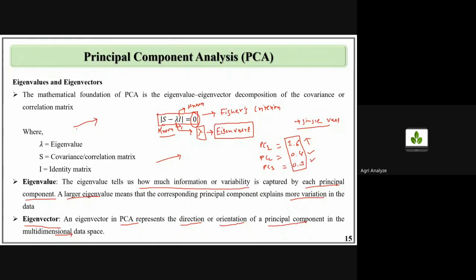Based on the eigenvector, we see that PC1 is in one direction, PC2 in another, and in three-dimensional data PC3 in yet another. So the directions in which we generate the axes for the principal components are based on the eigenvector.